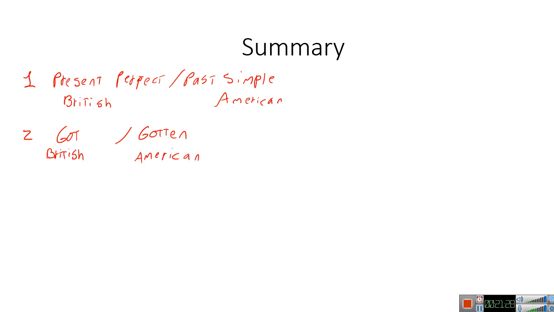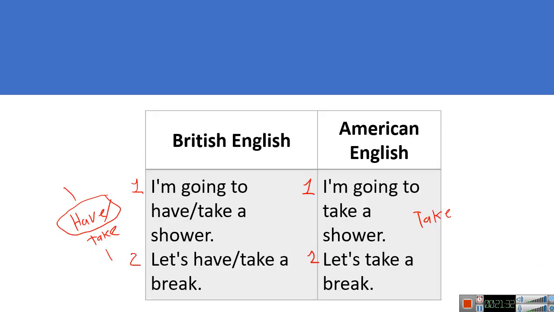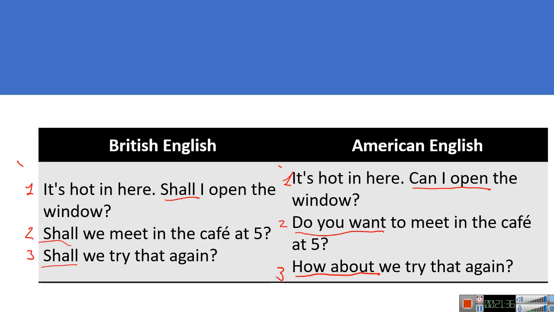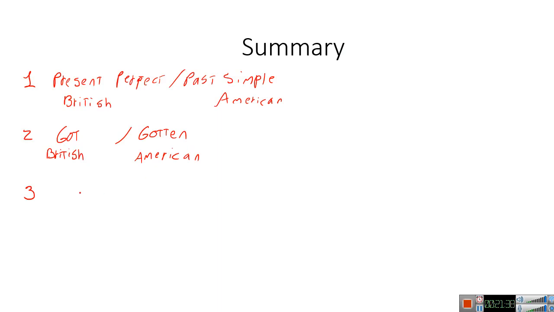Now let's look at number 3. I believe it was take and have. No, collective nouns. Okay. So collective nouns. We have is and are. So is, when do we use is?